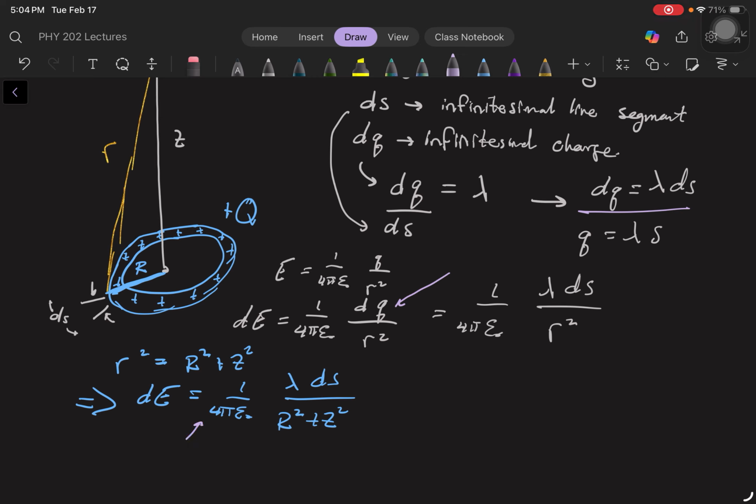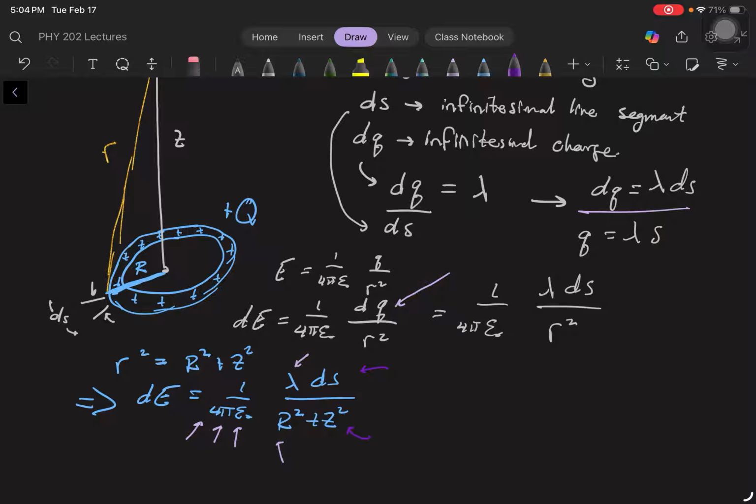So we have 4 is a constant, pi is a constant, that's a constant. This is going to be a constant given from the problem. So is capital R. And so now the only things that we really have to evaluate is the ds and the Z squared. Right? Z is the height you're looking at, so that's not part of the ring itself. That's variable depending on where you choose to look. All right?